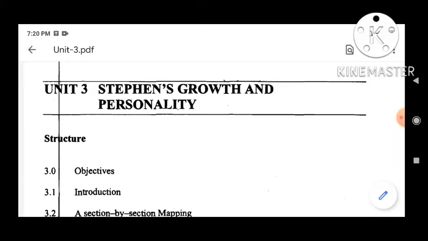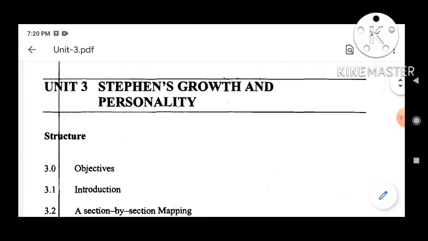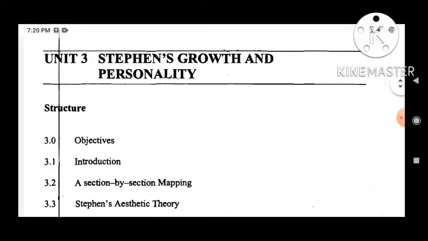You can go to my previous videos and you will get all the description about it. And we will study Unit 3, Stephen's growth and personality, in A Portrait of the Artist as a Young Man.